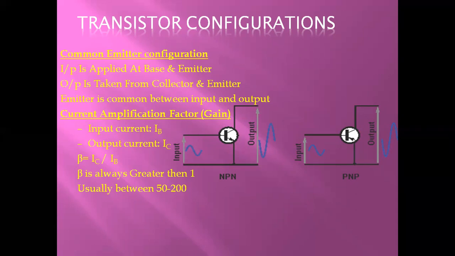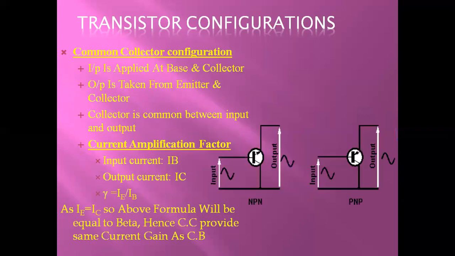Hence the input current is IB and the output current is IC, with beta being the ratio of IC by IB. Beta is always greater than 1, whereas in the common base it is less than 1. Usually it is between 50 and 200.